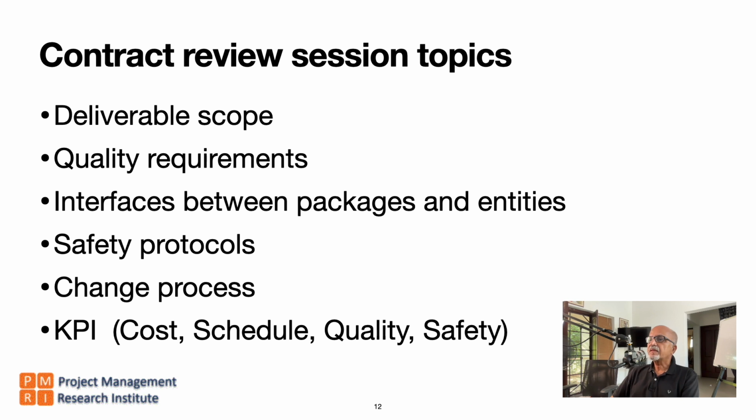Contract review: the deliverable scope, quality requirements, interfaces between packages and entities, safety protocols, change process, and key performance indicators pertaining to cost, schedule, quality, and safety. So all these things need to be reviewed continuously for the successful execution of the contract.